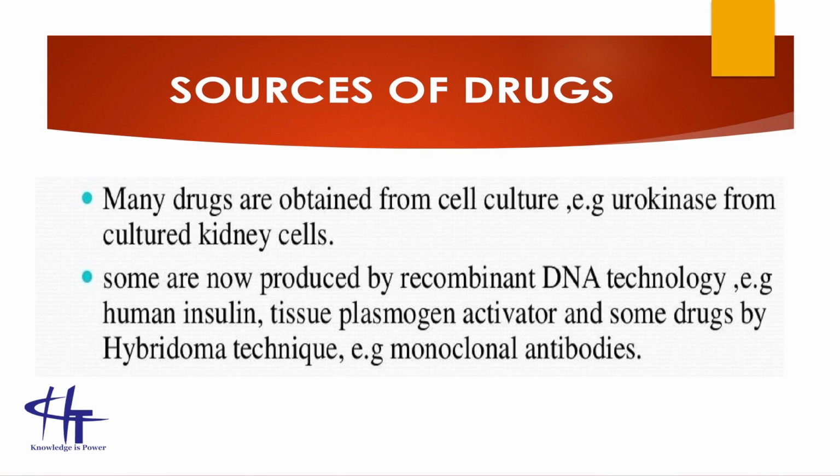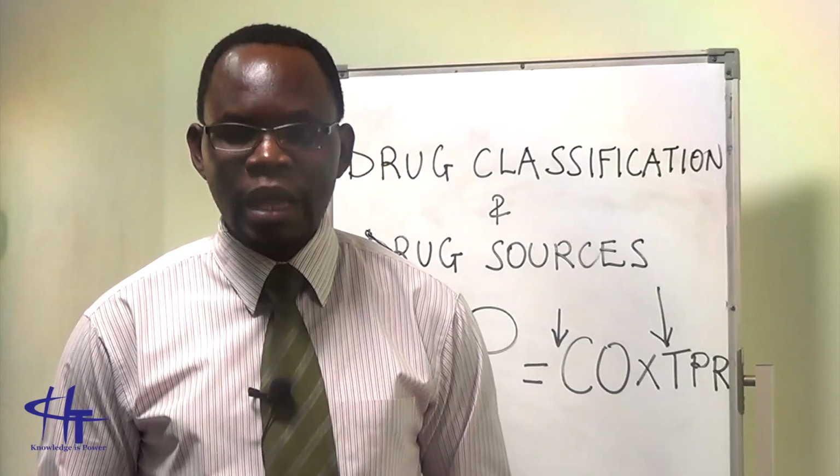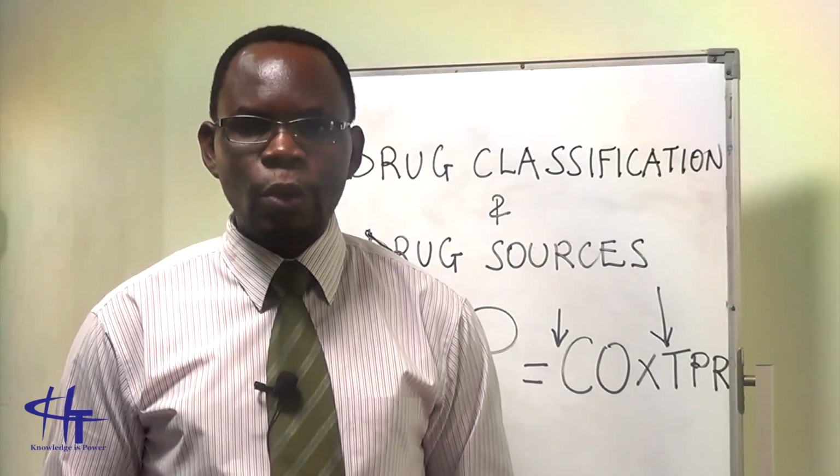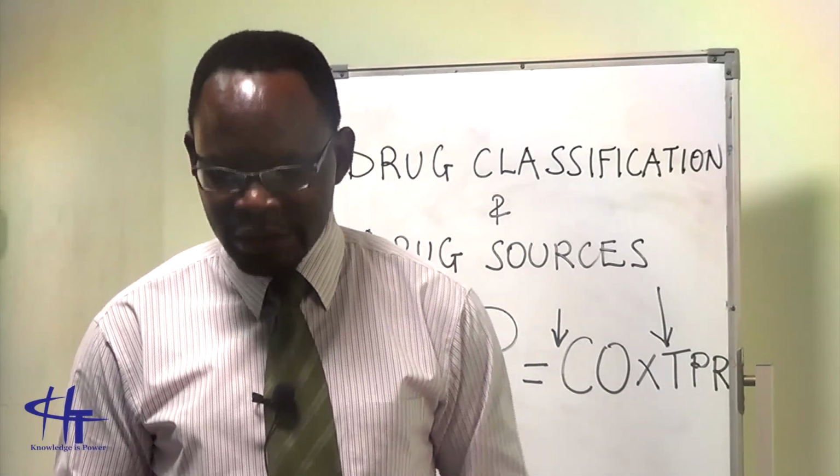So because of the advances in technology, we realize more drugs being made synthetically and not from natural sources. That basically tells us that drugs can no longer be made only from natural sources, but we can also synthesize them from nothing, I should say.